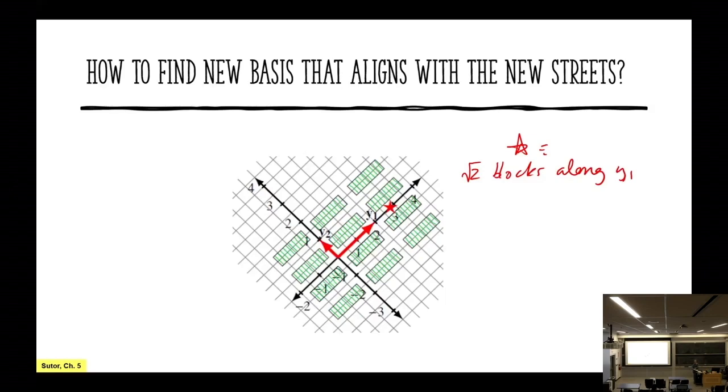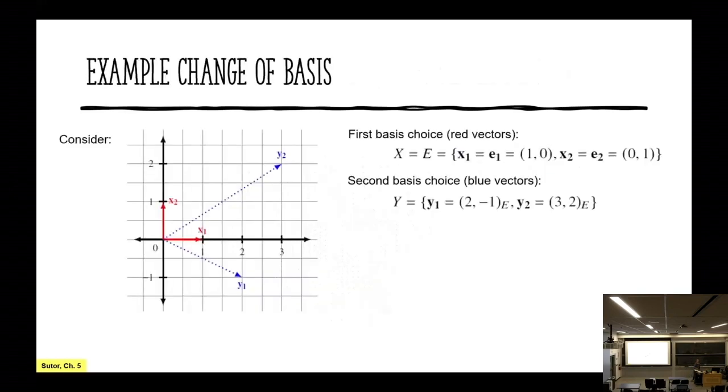Okay, so that's the idea behind bases and change of bases. Let's look at a real example. Here I have two bases identified, one set in red labeled X and another set in blue labeled Y. My X basis is also a unit basis, so little x1 is equal to little e1, which is (1, 0), and little x2 is equal to little e2, which is (0, 1).